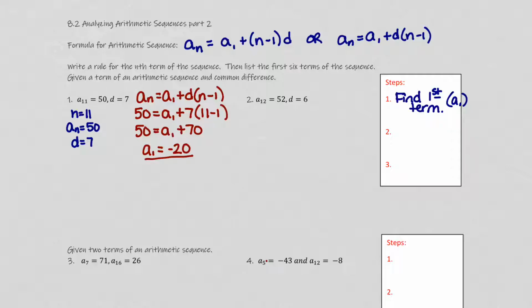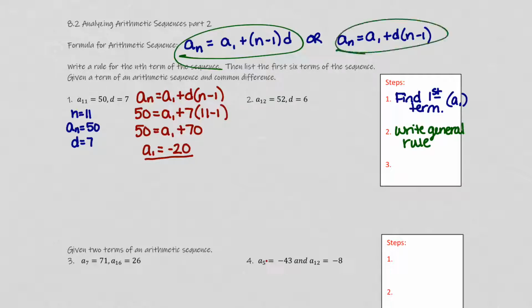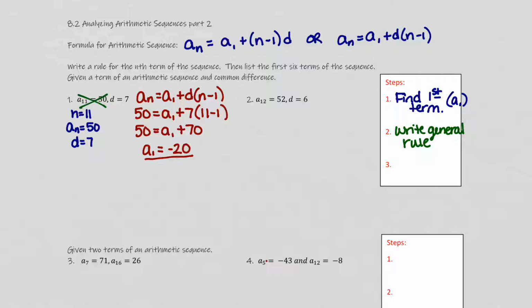Okay, step 2 is now write the general rule. So that's what we're going to use this equation up here for, or this one or the other. They're the exact same, just D is either before or after the N minus 1. But we're going to write that general rule for any term in the sequence. All right, so we go back. We ignore now that we have this first term. We're going to do what we did in part 1.